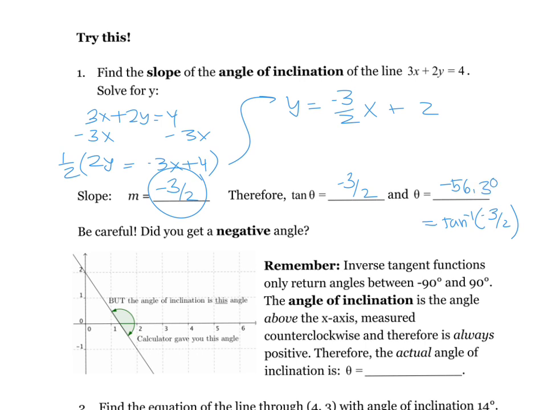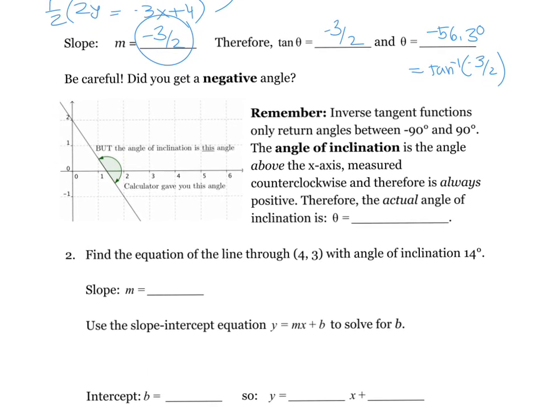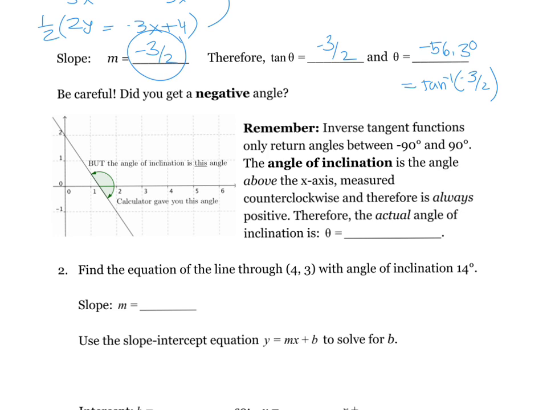And so, yes, indeed, the classwork says, be careful, did you get a negative angle? Well, yeah, I got a negative angle. I got negative 56.3 degrees. Well, that's this angle here. Because it's measured clockwise from the positive x-axis, that's going to be a negative 56.3 degrees.